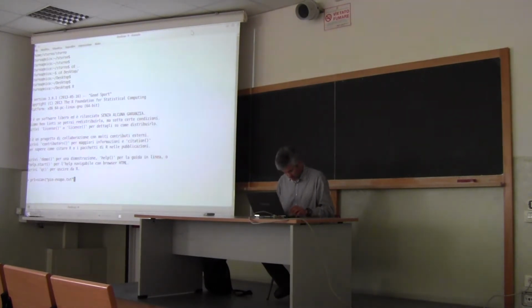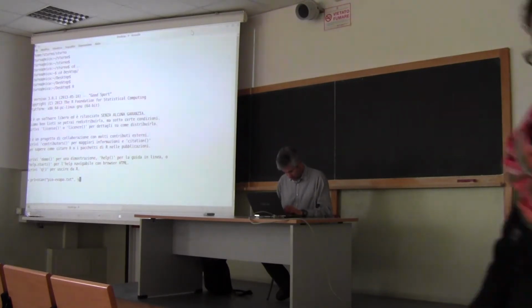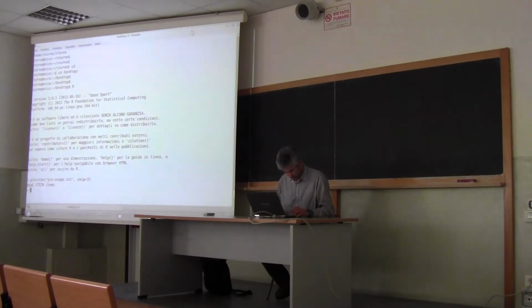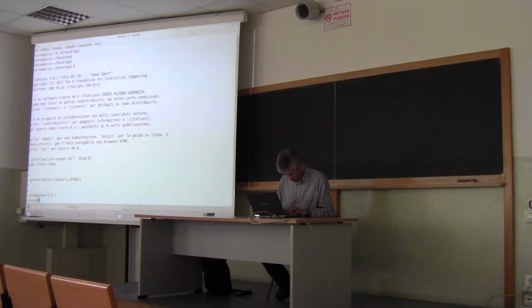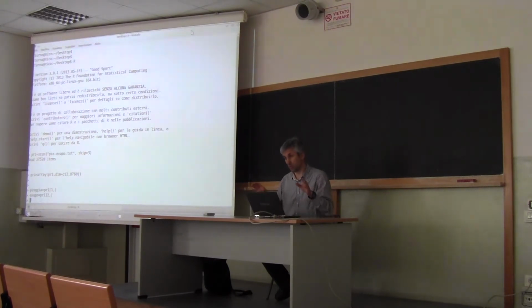Okay, so. You also need the river flow data because in order to calibrate the model, we need to compare the simulated data that we get with the observed one.